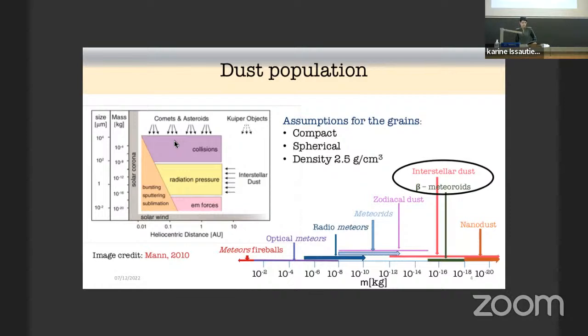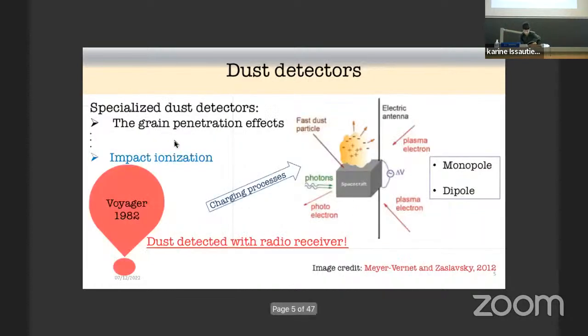On this basis, we can assume some sizes and masses of the dust, and under this assumption we have different dust populations. In this particular thesis, we are dealing with interstellar dust and beta meteoroids, which are in the size range smaller than 10 to the minus 12 kilograms.